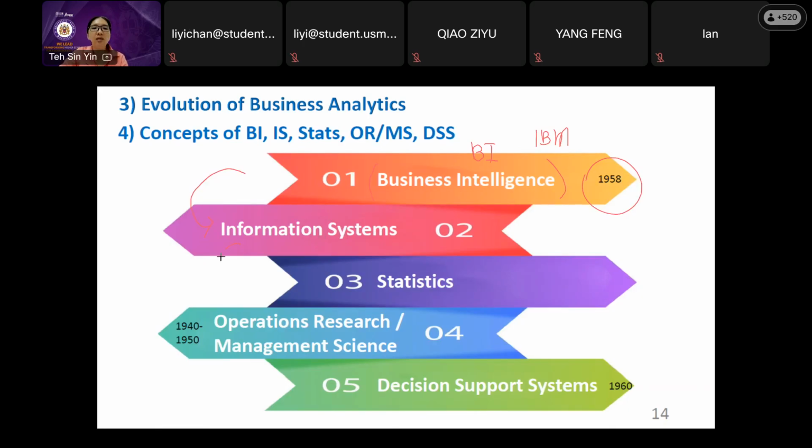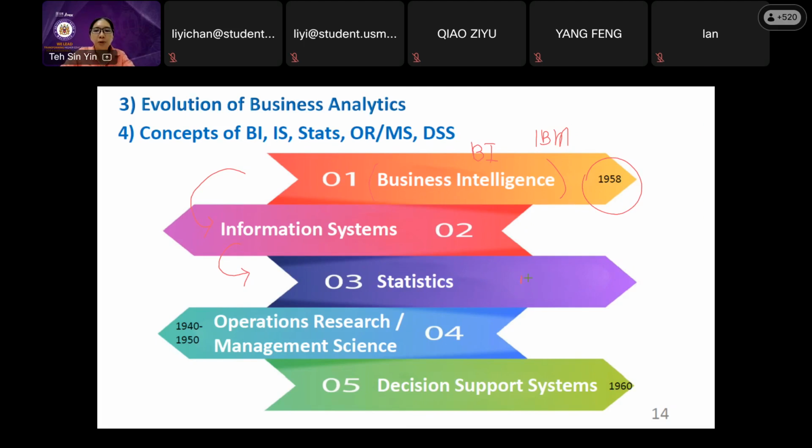And later on, it moved to statistics. So you see, business and management, computer science and IT, information systems, and then people start to build models. They try to find the pattern or relationship between the variables.